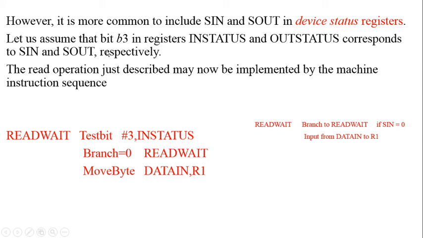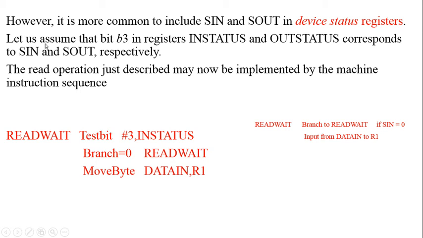Some more modifications we have. It is more common to include SIN and SOUT in device status registers itself. No need to keep separate status bit information inside the keyboard and display unit. We can use certain bits present inside the device status registers in order to indicate the status value of SIN and SOUT.